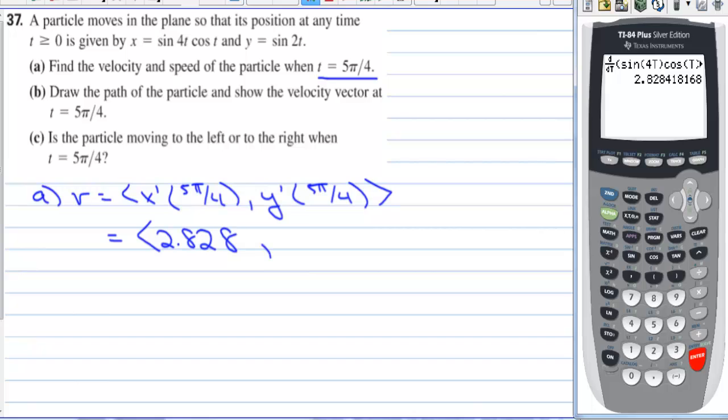2.828, comma. And then I need the derivative of sine 2t, which is 2 cosine 2t. We know what the derivative is, but let's just let our calculator do the work. So math number 8. This is with respect to t in this case. Yours might say x's. Sine of 2t and 5 pi divided by 4.